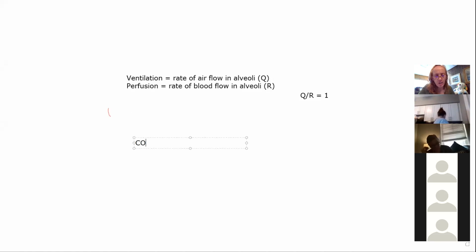Carbon dioxide plus water is going to become carbonic acid, which immediately dissociates into bicarbonate, a really great base, plus hydrogen ions.